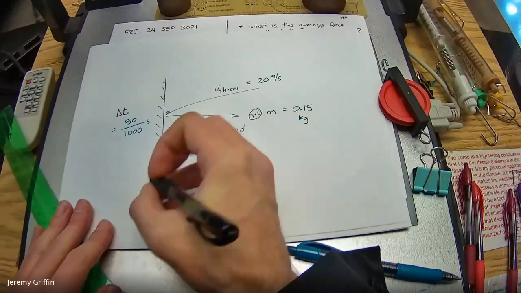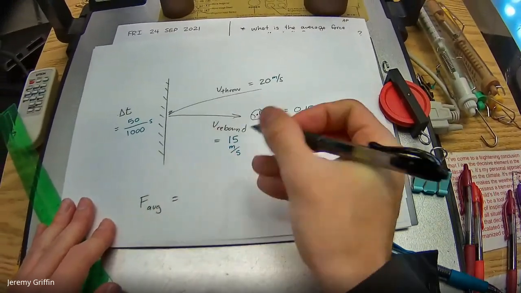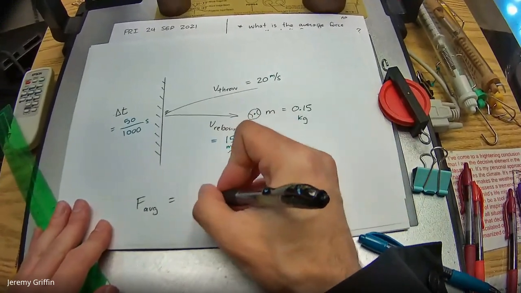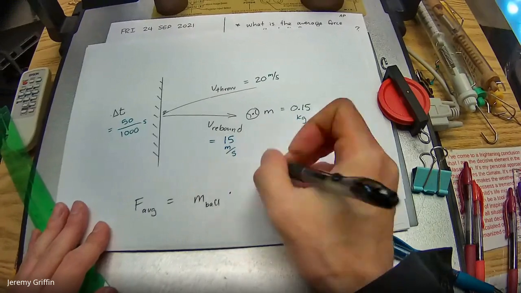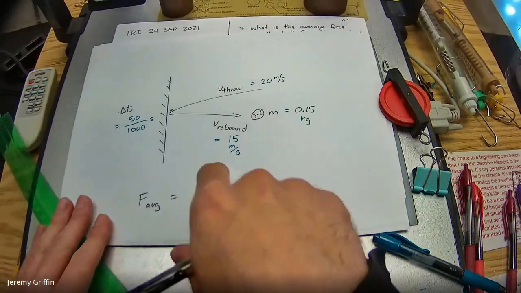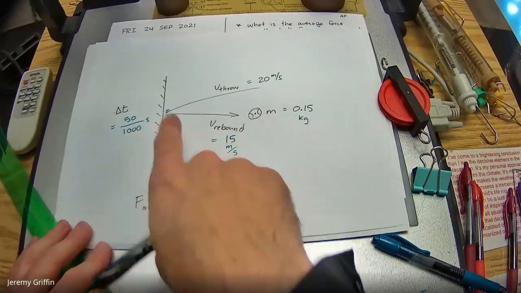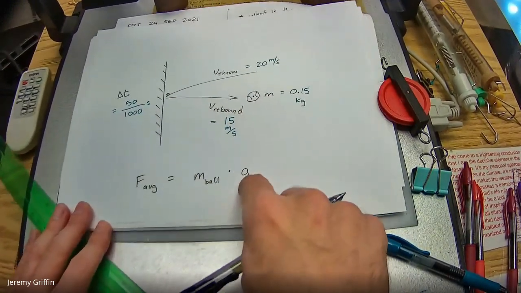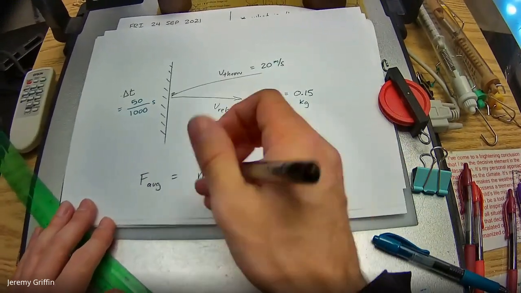So the average force, force average. Wouldn't this be Newton's second law of motion? F equals ma. So that's the mass of the ball times acceleration of the ball. And there's one place where the ball is definitely accelerating a whole lot, and that's when it's in contact with the wall. Okay? So I'm going to rewrite acceleration in terms of your kinematic information. This goes back a few weeks ago.